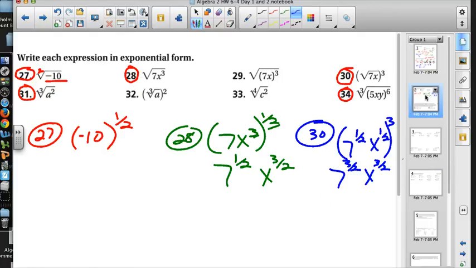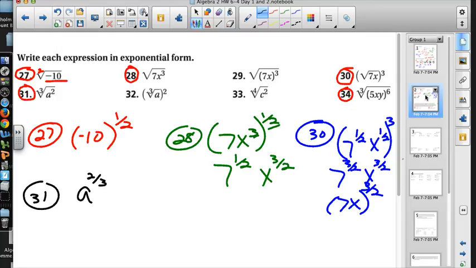And your book had put this as 7x, the entire quantity, to the 3/2, that's certainly doable, either way. Then number 31 has a square, but it has an index of 3, and again, that means we're going to put that in our denominator, so that would be a to the 2/3.